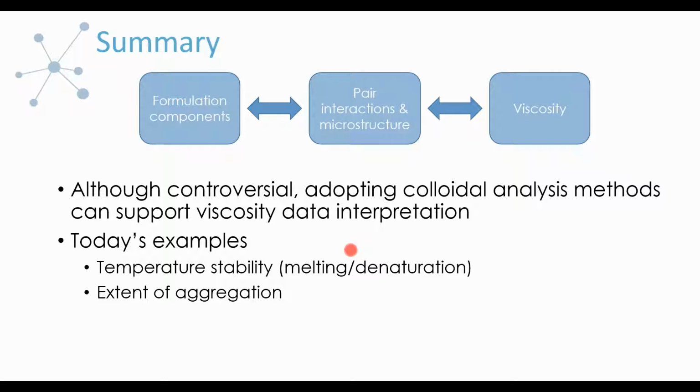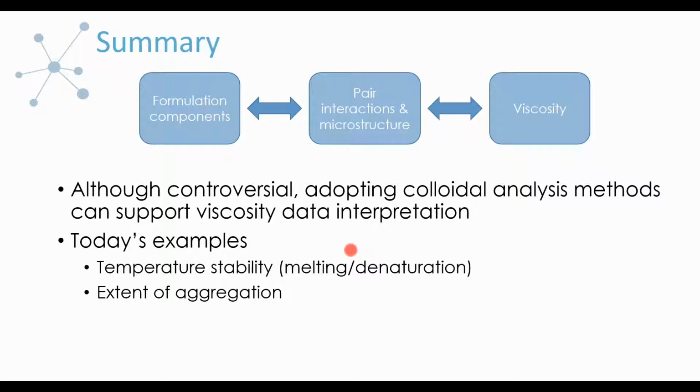And I know that using this colloidal view is somewhat controversial for proteins. And admittedly, there are situations where it works better than others. But I think from at least a qualitative standpoint, this can support interpreting viscosity data and trying to understand it in terms of what's happening on the molecular level.